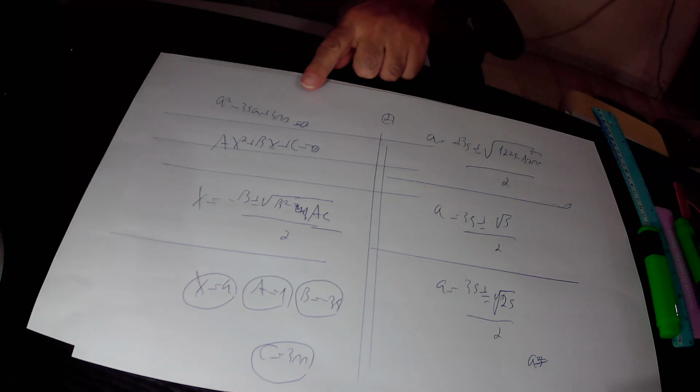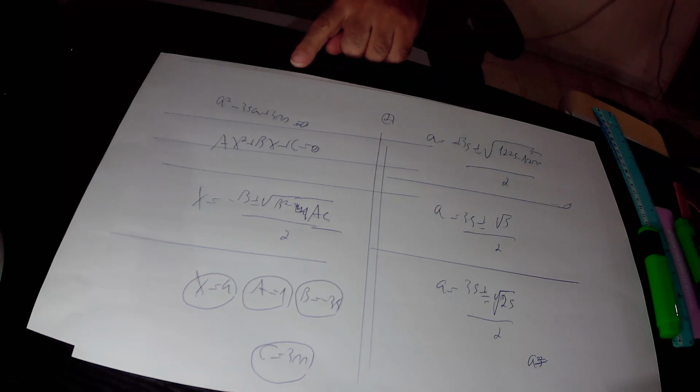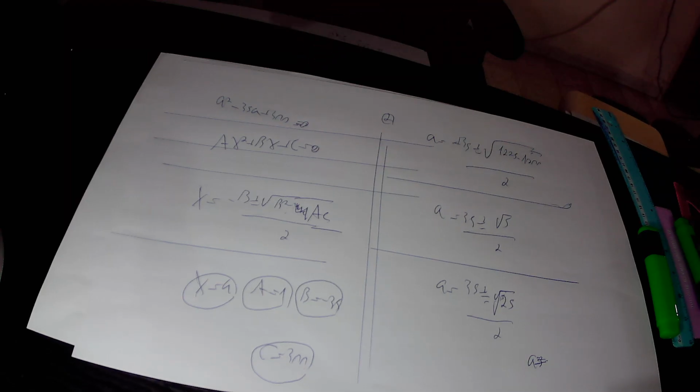This is a quadratic equation, and the general form of a quadratic equation is ax squared plus bx plus c equals 0. In this general form, a, b, and c are the coefficients of the quadratic equation, and x is the variable that we are looking for.